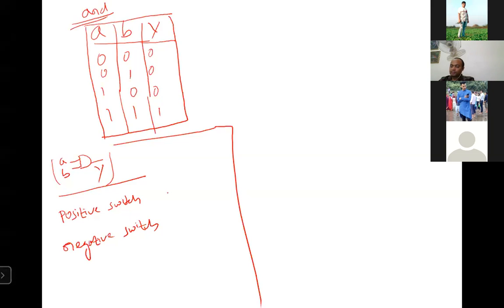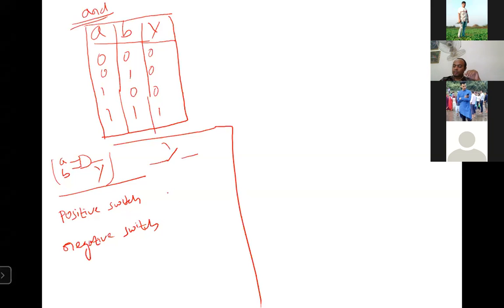But anything else? You have two terminals, one is input and another is output, and there is also the thing which you push. The switch which you have in your house has an input side and an output side, and another thing which you push. When you push it, the switch will be on. If you are not pushing, then it will be off. So that is the operation of a switch. Like you have a switch here.